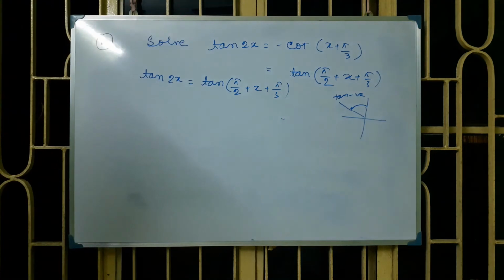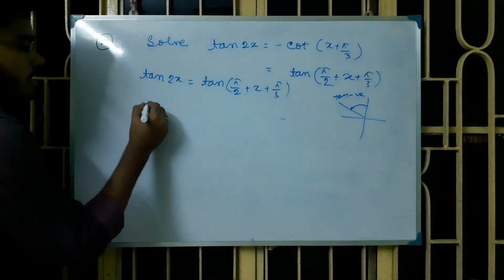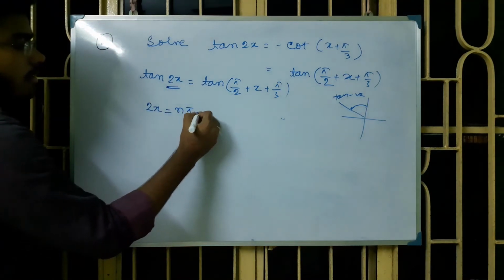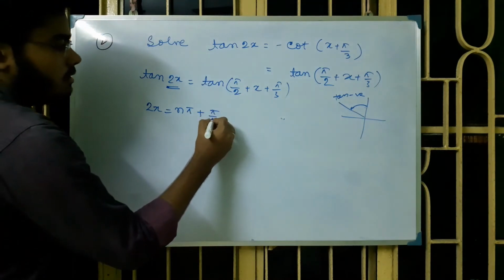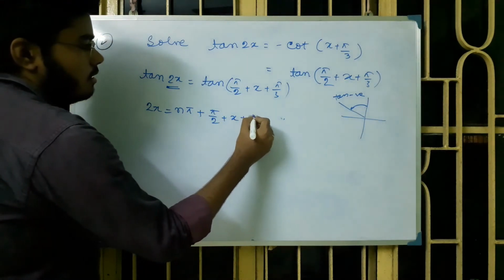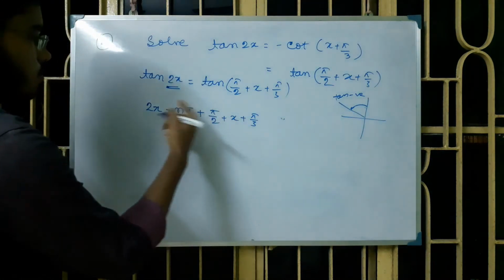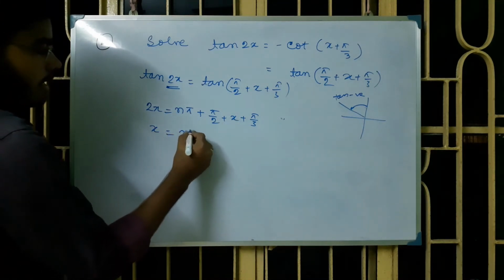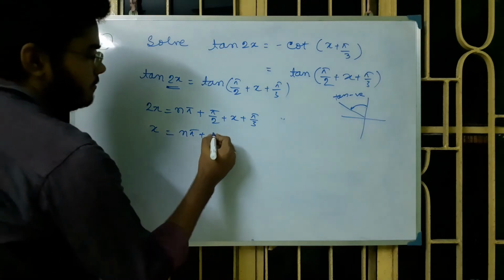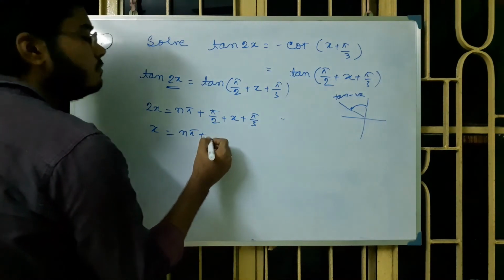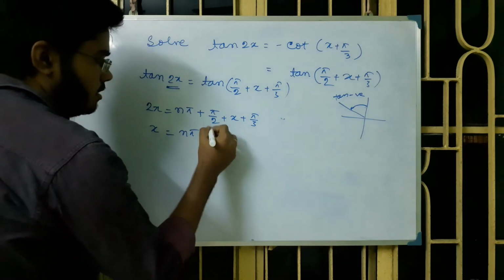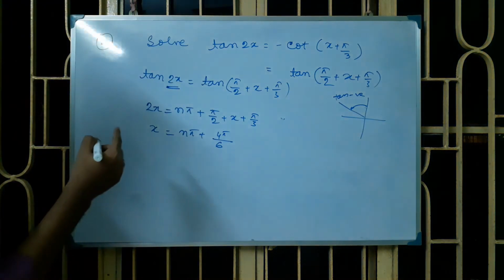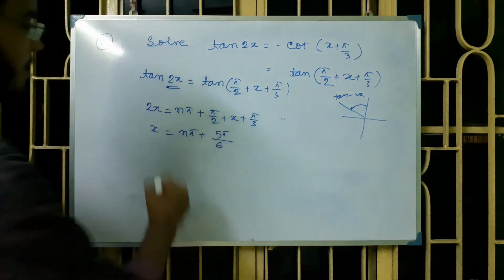It is very simple. What is the solution? 2x equal to n pi plus y. So we are taking x this side, so x equal to n pi plus pi by 2 plus pi by 3, that is, no sorry, n pi plus 5 pi by 6.